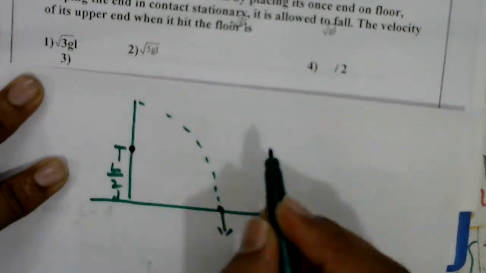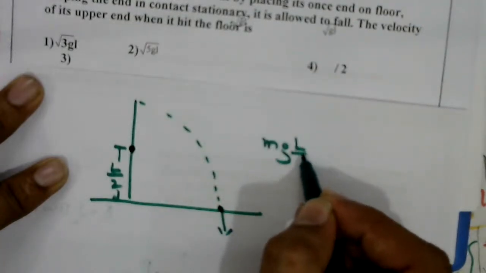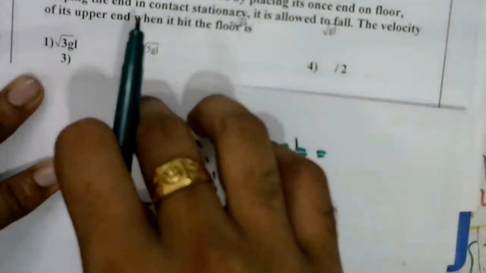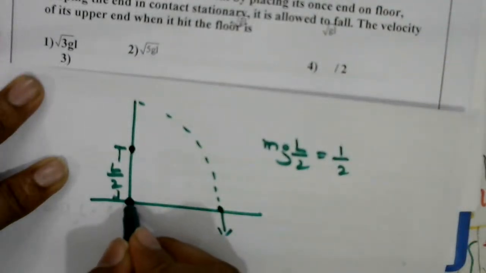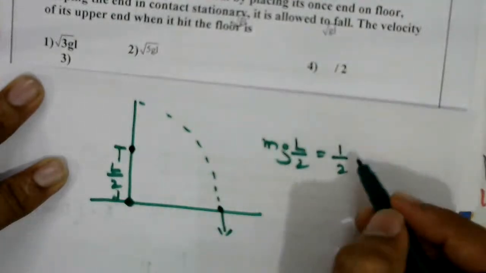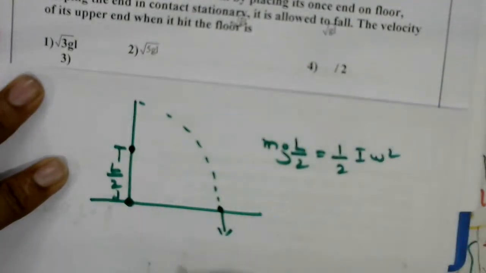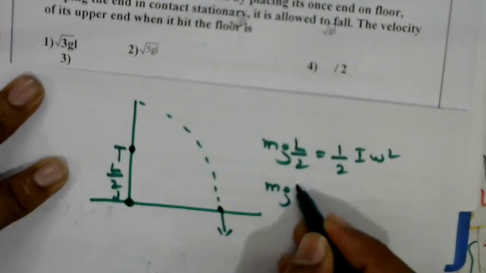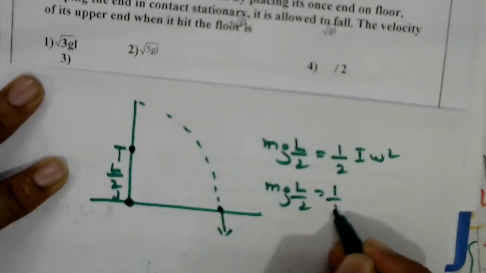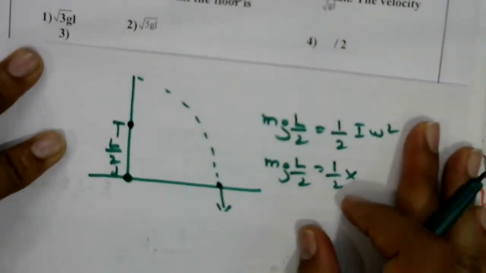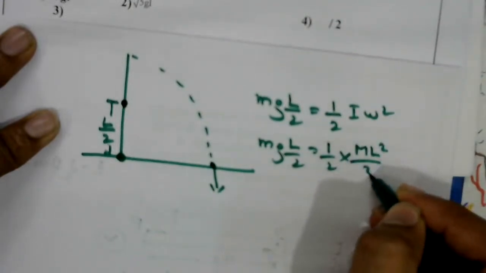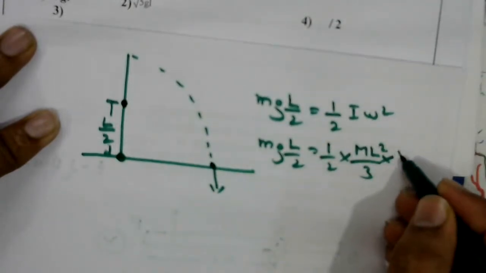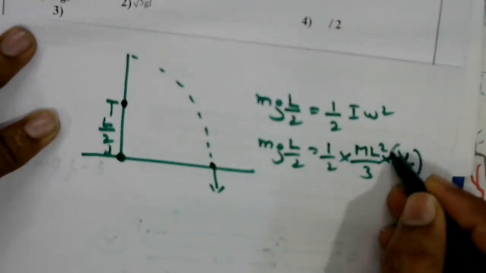The potential energy stored at this point, that is mg L by 2, when the rod comes here, converts into kinetic energy. Which kinetic energy? About this point it is turning, so half I omega square. So mgL by 2 is equal to 1 by 2 into the moment of inertia of the rod about one end, mL square by 3, into omega, which can be written as v by L, whole square. Why?